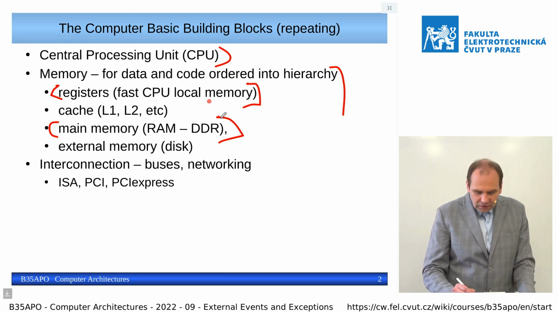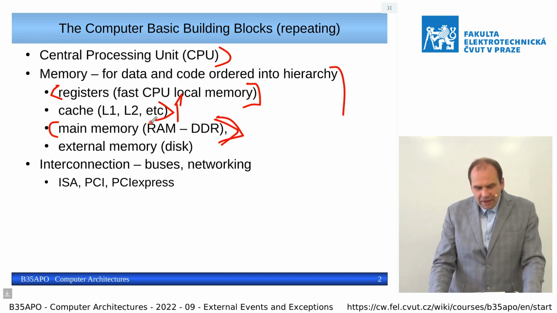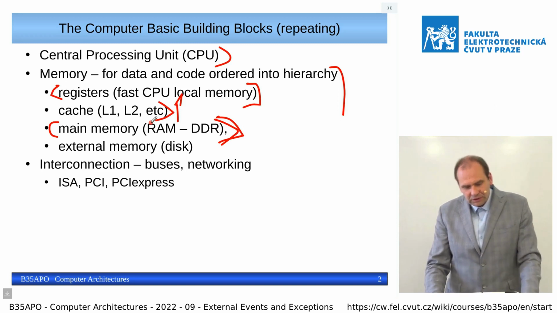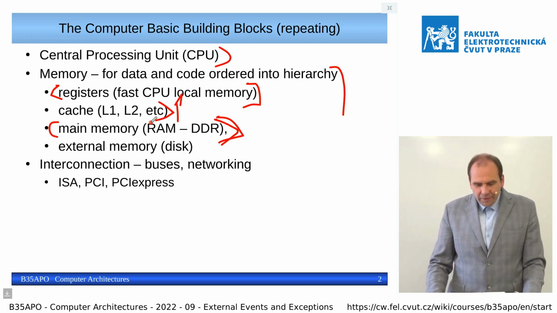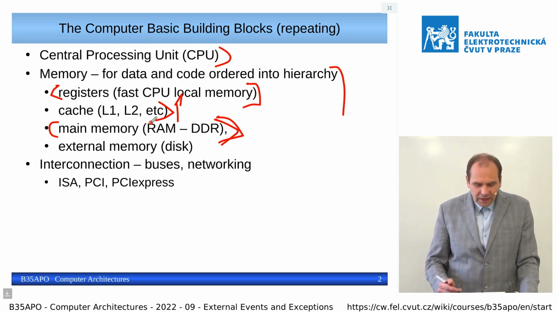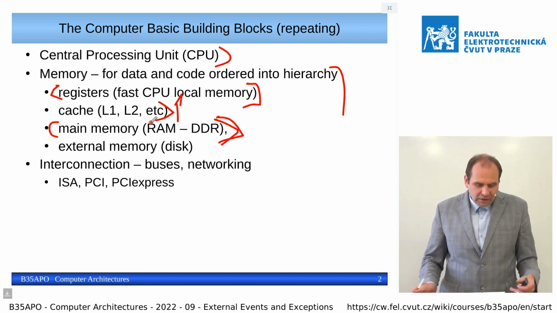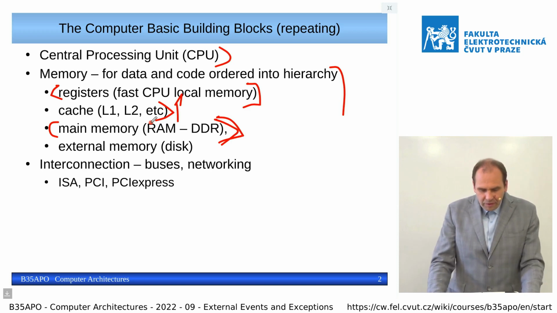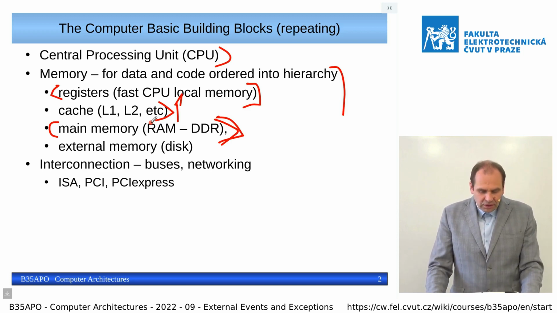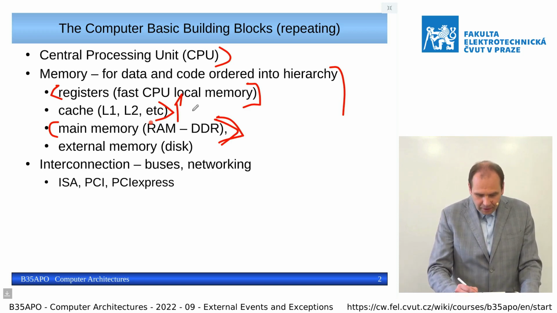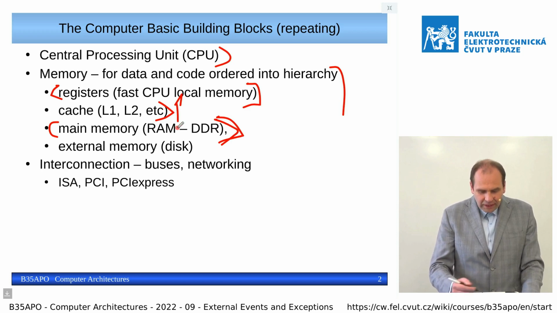But the main memory is slow, so there is a transparent L1 and L2 cache, which is in fact hidden memory, which automatically keeps the data which are near to the data which we access or which are there for the next access.